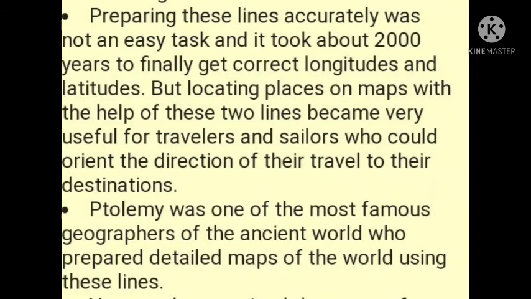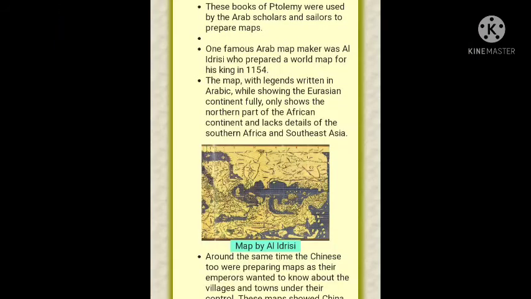Ptolemy was one of the most famous geographers of the ancient world who prepared detailed maps of the world using these lines. These books of Ptolemy were used by the Arab scholars and sailors to prepare maps.